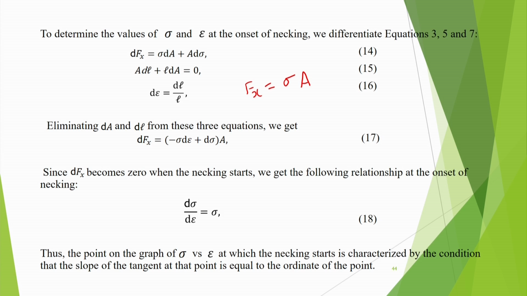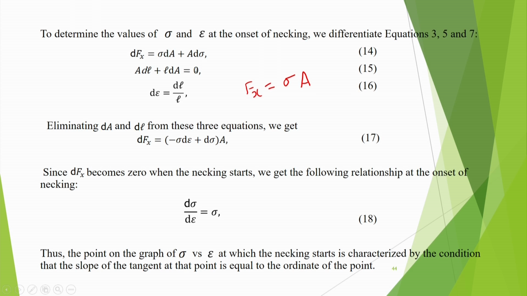So, sigma times A will give the true force, and we differentiate, we get equation 14. You have to apply the product rule. You see, dFx is equal to sigma dA plus A d sigma, is it not? First you only differentiate with respect to A, keep sigma constant, then you differentiate with respect to sigma, keep A constant, and you put these values.